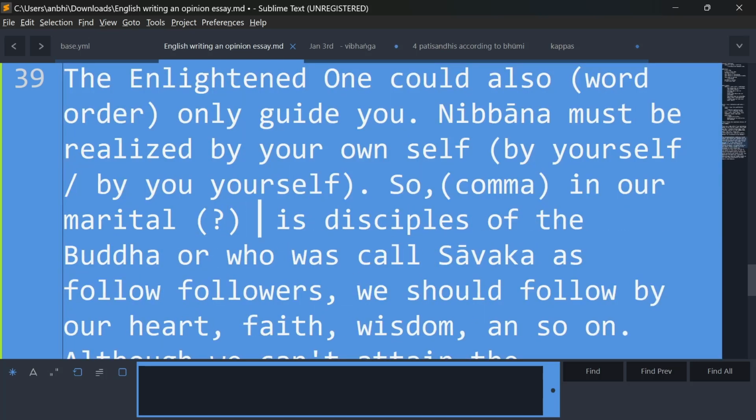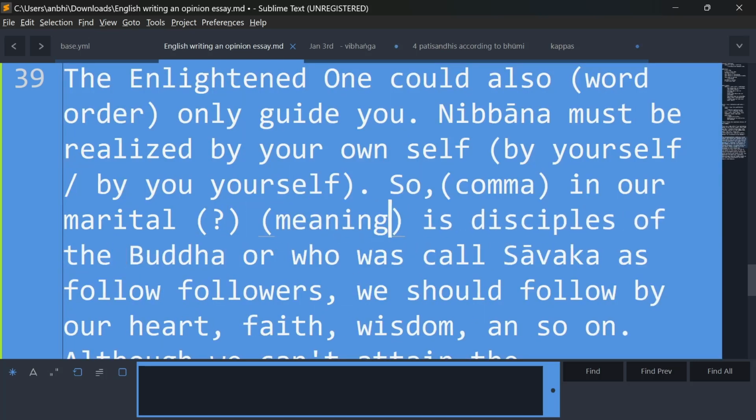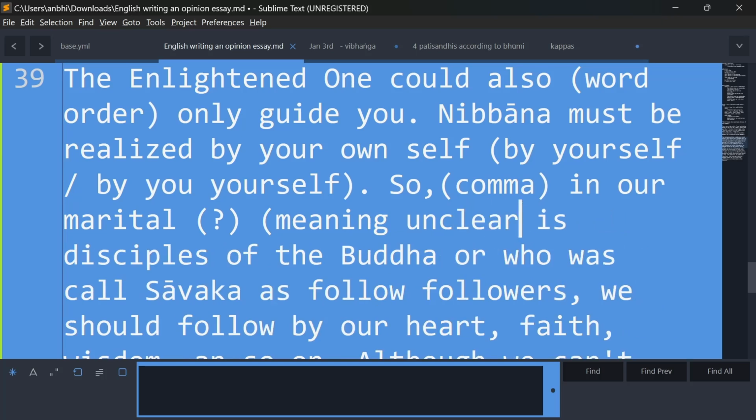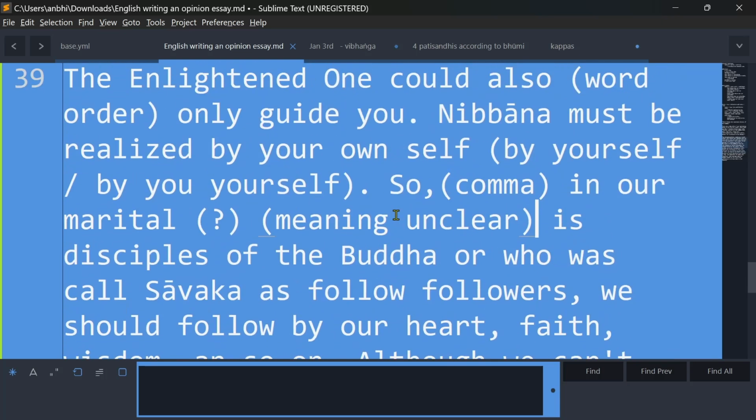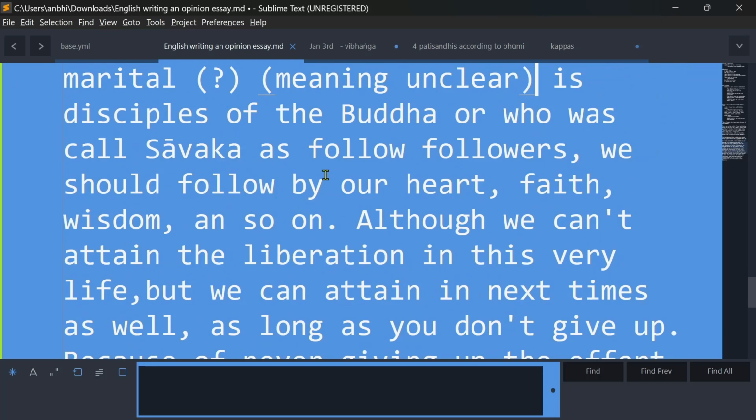But "marital" is an adjective. So this sentence is meaning unclear. This is what I usually write, right? Meaning unclear. I don't understand the sentence. I cannot even correct it.